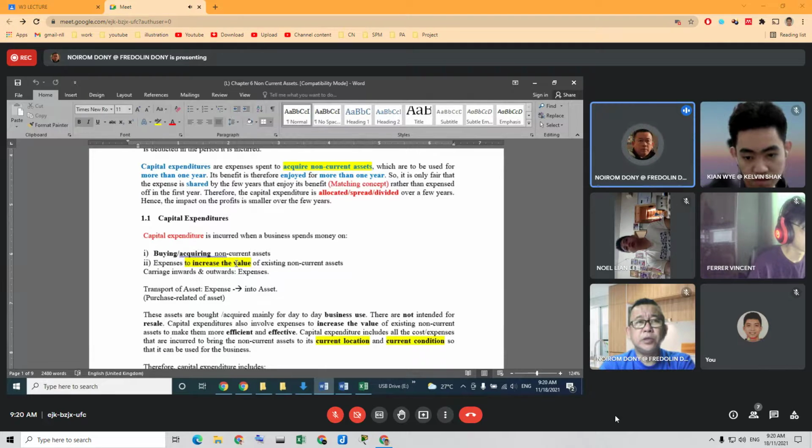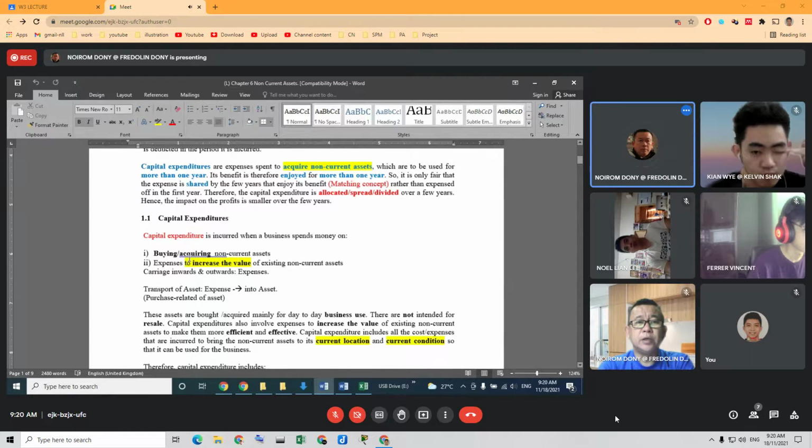The machinery needs to be transported from the supplier to the business, to the factory, isn't it? So the payment on the transportation is known as carriage inward. So this will be considered as part of the capital expenditure. You will add it with the price that is paid to the supplier.